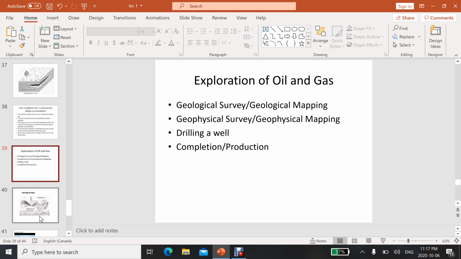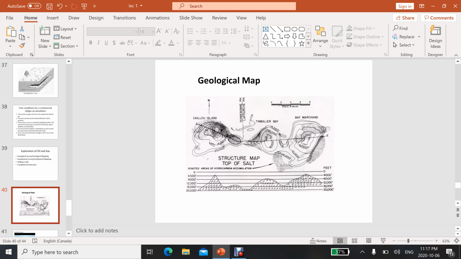Okay, let's see some examples of these stages. Here is a typical example of a geological map. You may have studied these in your basic physical geology or any other subject.